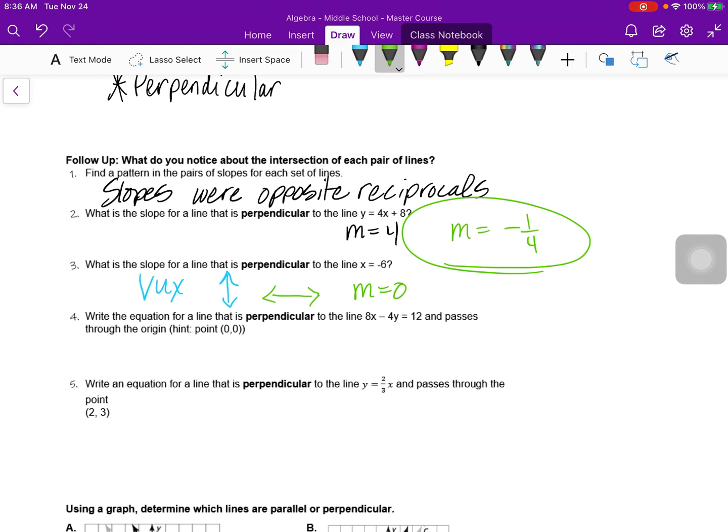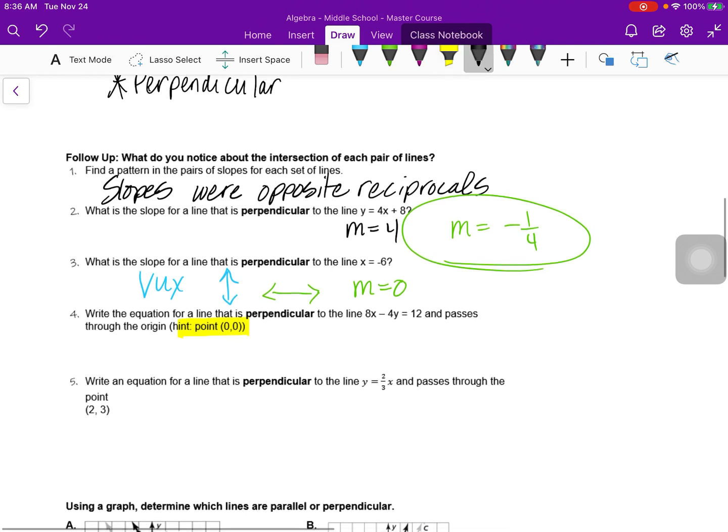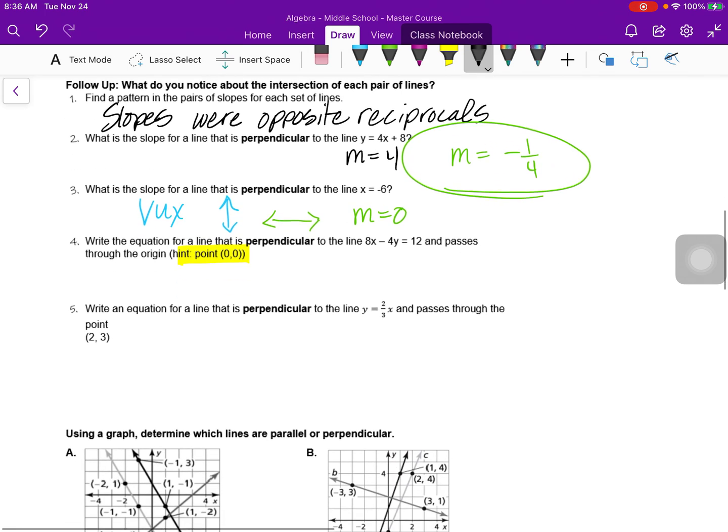Okay, we're going to take this one step further, and now it says write the equation of a line that is perpendicular to 8x minus 4y equals 12 and passes through the origin, okay? And the origin, the hint right here is 0, 0. So the first thing I'm going to do is change my equation from standard form to slope-intercept form.